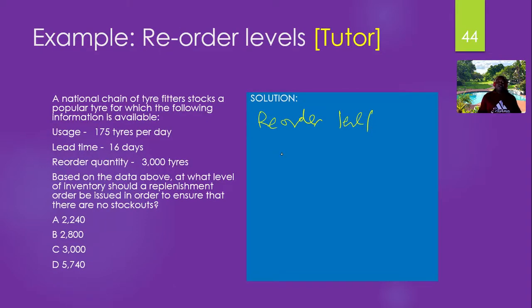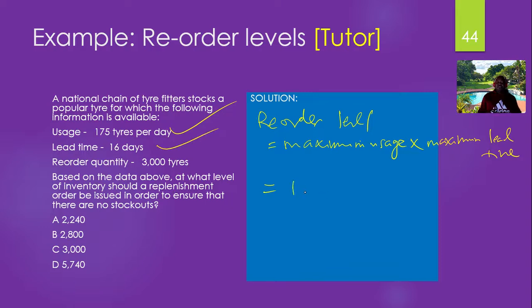So reorder level is equal to maximum usage multiplied by maximum lead time, which is equal to maximum usage, that's 175, and maximum lead time, that's 16. So 175 multiplied by 16, which gives us 2,800 tires.